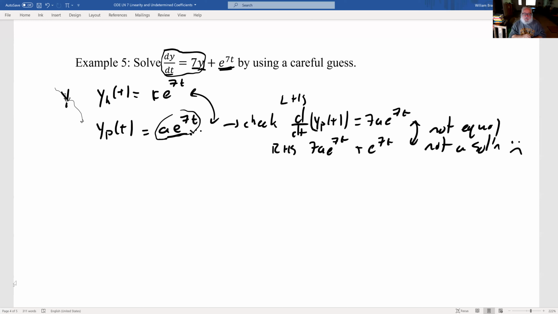So we're sad and unhappy because they're not equal. That's not a solution. So you have to be careful. If your guess is the same as the homogeneous solution, there's a problem. So how do we deal with this problem?